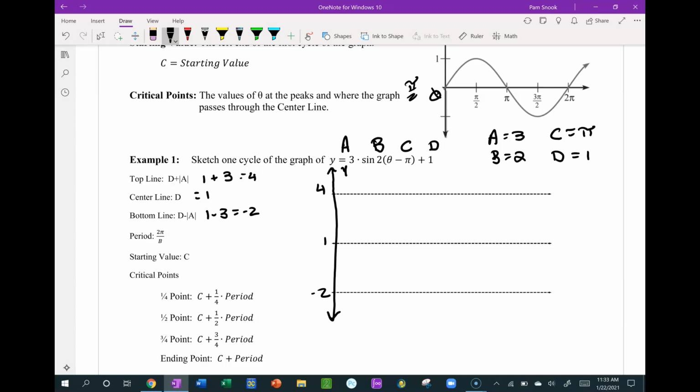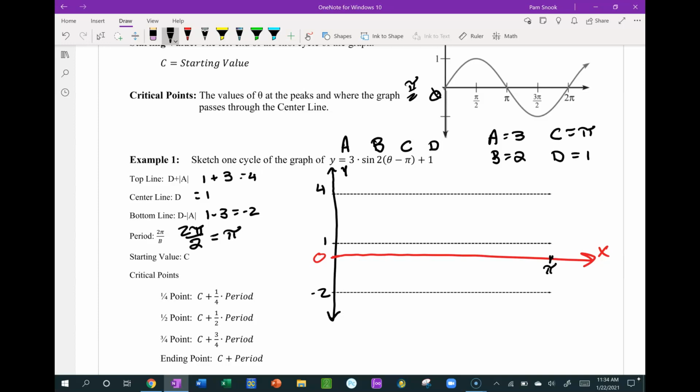So think of that as your y-axis. And if you want to, there's your x-axis. Okay. Now let's figure out our period. We're going to do 2 pi over B. So 2 pi over B is 2 pi over 2. That equals pi. So one period all the way out is pi.